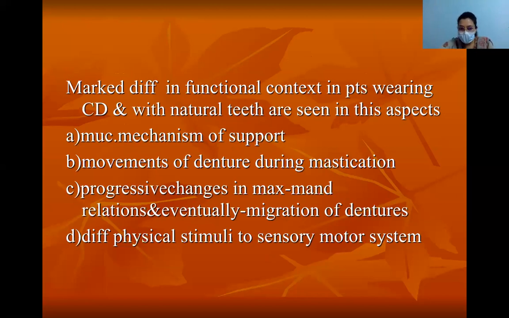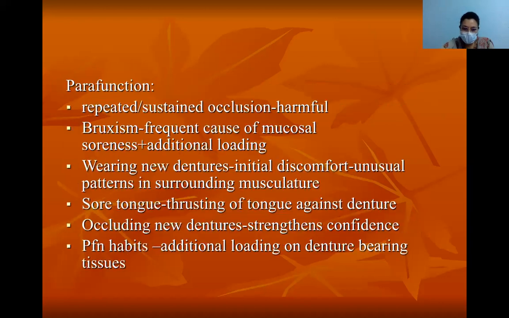The mucosal mechanism of support is very important. Movement of the denture during mastication is important. Progressive changes in the maxillary and mandibular relation, and eventually migration of the denture, do take place. Different physical stimuli to the neuromotor system become important. When we talk of parafunction, repeated or sustained occlusion can be harmful.